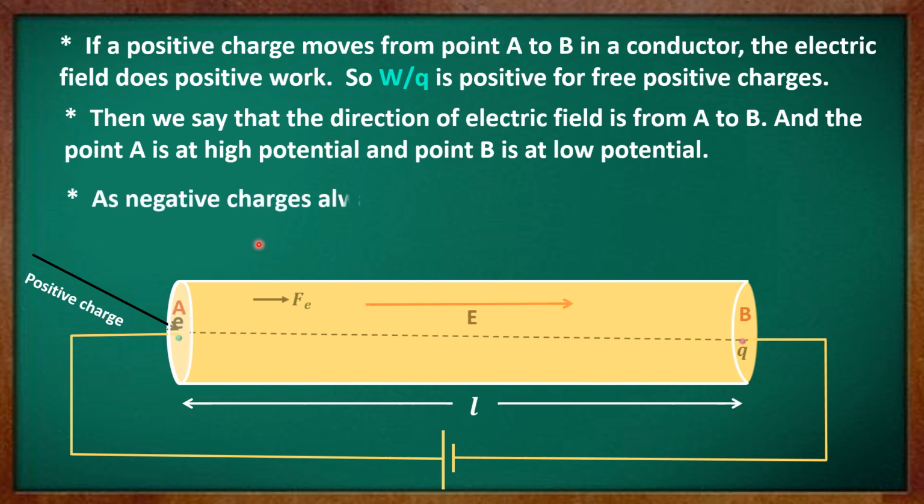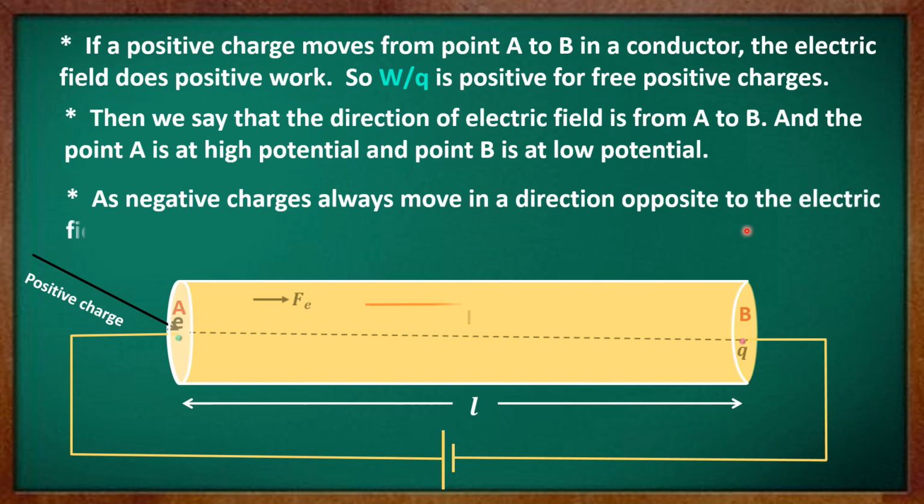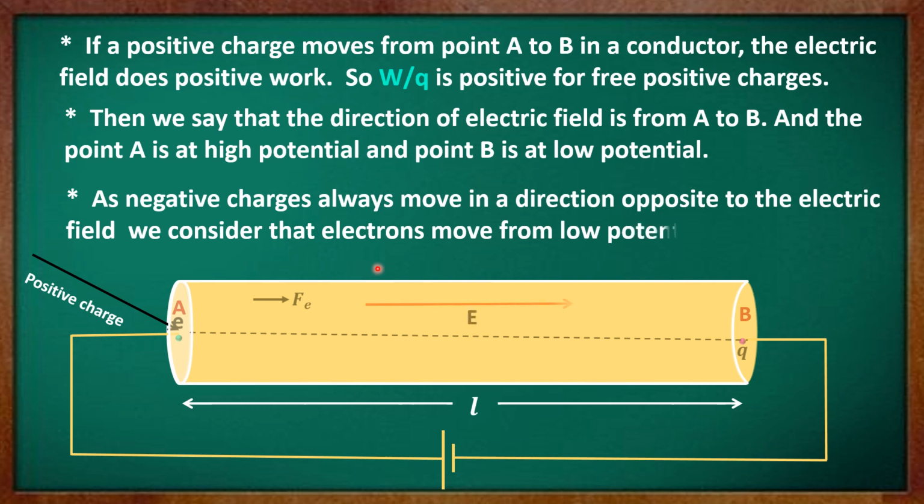As negative charges always move in a direction opposite to the electric field, we consider that electrons move from low potential to high potential. So this is the direction of electric current in terms of potential difference.